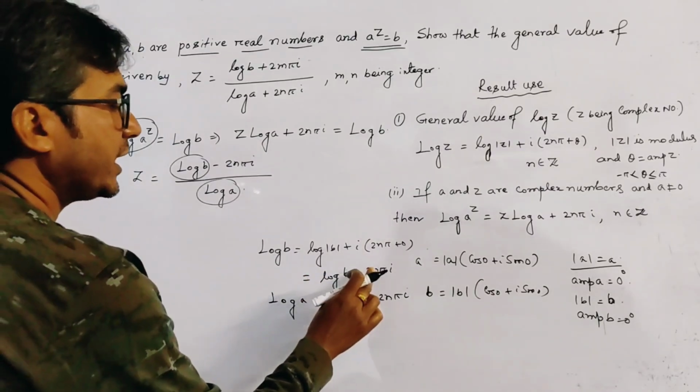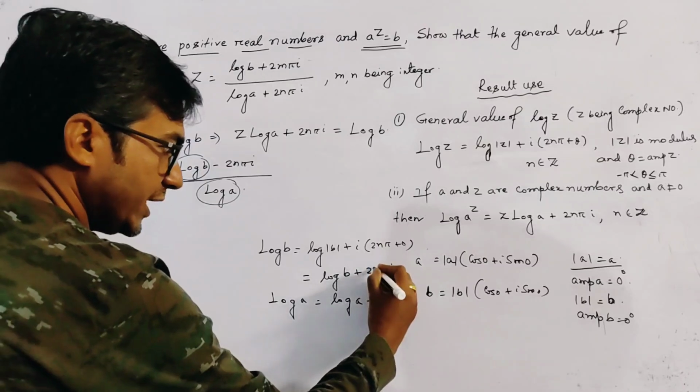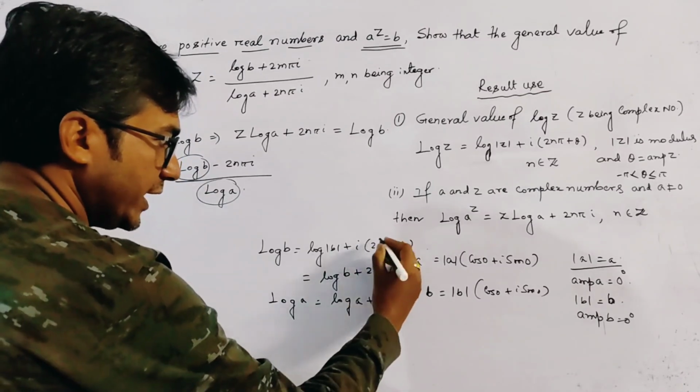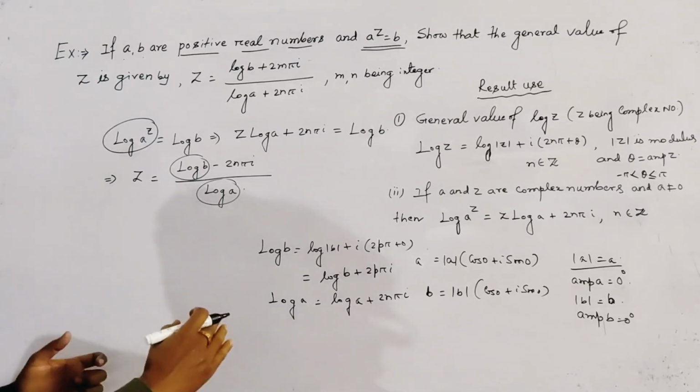Now here we have two integers, n and n. We change one integer n to p, because both are integers and both may be different.